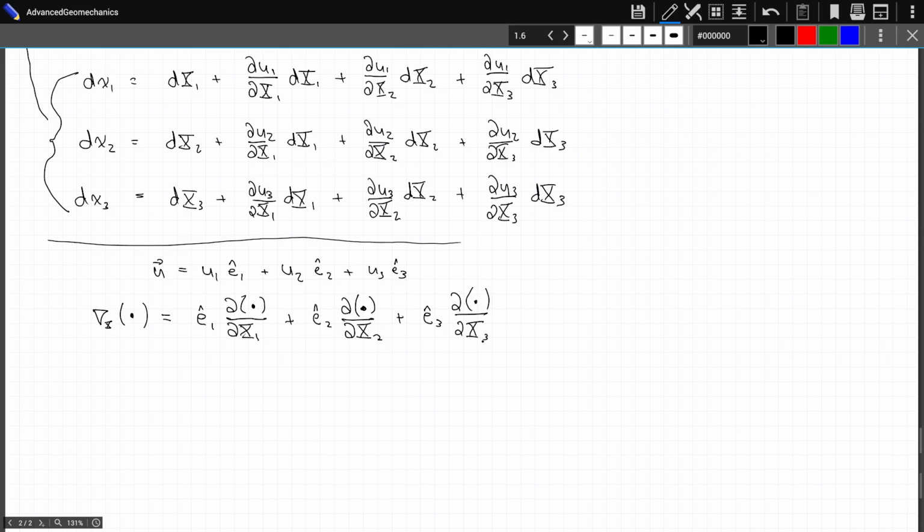That's straight out of calculus. If you looked up your calculus textbook, that's what it's going to give you for the gradient of something, okay? So with that, let's take the gradient of u. Basically, everywhere you see the dot, we're going to put u there, but we're going to write out all the components, okay?